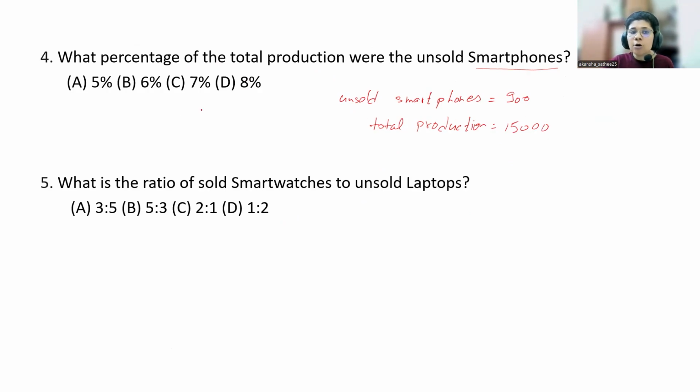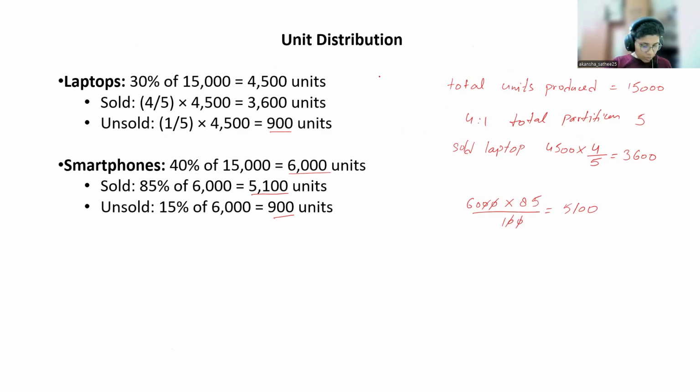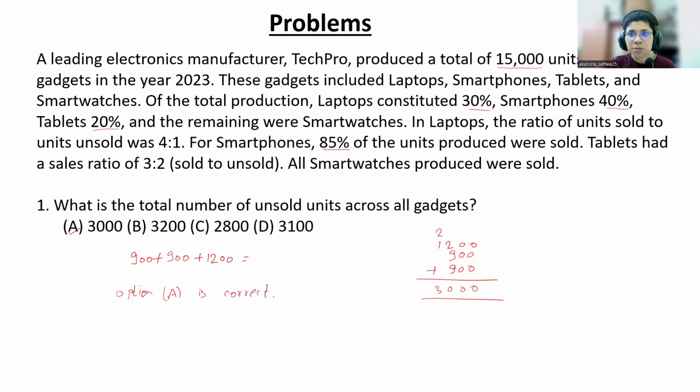Percentage, how do we compute percentage? 900 divided by 15,000 into 100. If you do this, you will get 6%. That is option C. Now, next problem. Just a minute.